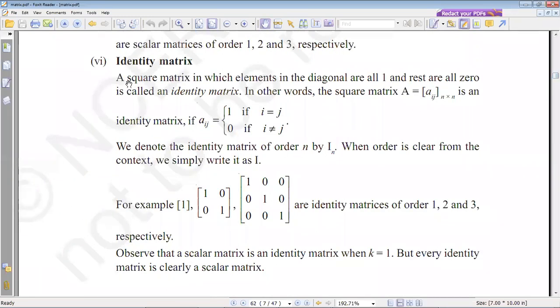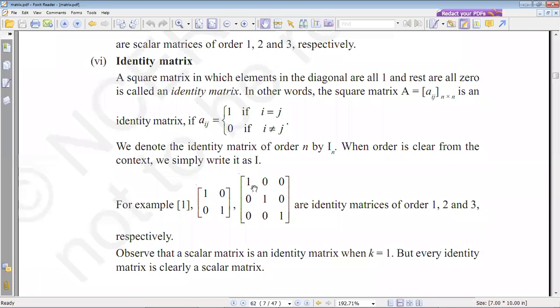A square matrix in which the elements in the diagonal are all 1 and rest are all 0 is called an identity matrix. Clear?